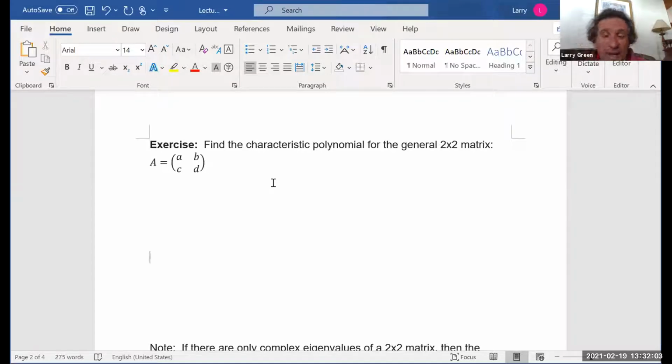Okay, I want you to multiply it out. I want you to write it as something times lambda squared plus something times lambda plus something. Which is basic algebra, but hopefully you can FOIL and combine like terms. There's a reason I'm asking you to do that, because it's a nice form.